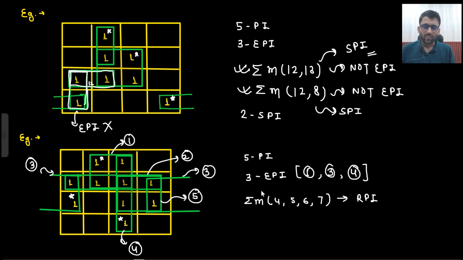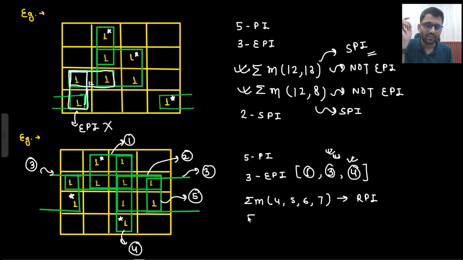Let's talk about group 5. So I will go to group 5. I will ask this one, I am involved with group 4, essential prime implicant. I will ask this one, I am involved with group 4, essential prime implicant. I will ask this one, he will say that sir I am involved with group 3, which is also an essential prime implicant. I will go to this one, he will say that sir I am involved with group 3. So this is also an essential prime implicant. So all the elements are associated with other prime implicants.